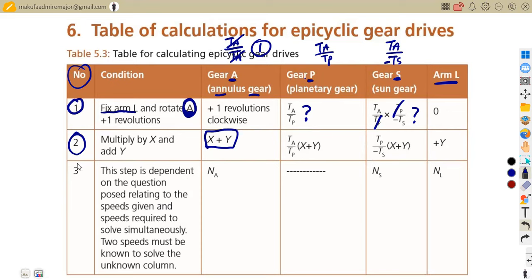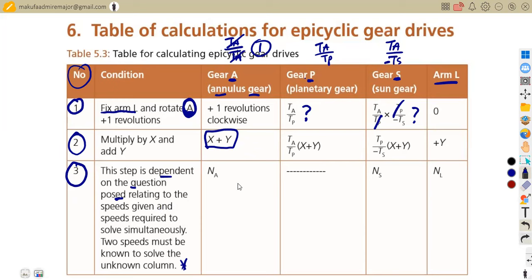Then this is the one that I said is taken from your question. That's why I said this step is dependent on the question posed, the question given in your question paper. It's not something you're supposed to take to say this one is going to be like this. No, you take from what you're given.